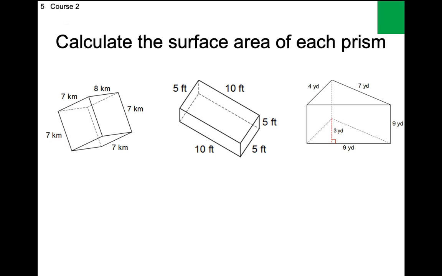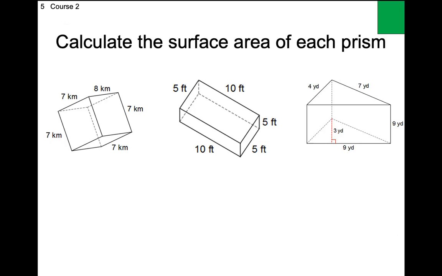Yes, actually, I only see 1 that's marked. That means I have to look at the other triangle to get the other 2. So if this side is 9, how big is this side? It's 4. So I got 4, 9, and 7. Add them up and we get, so the perimeter is 20.